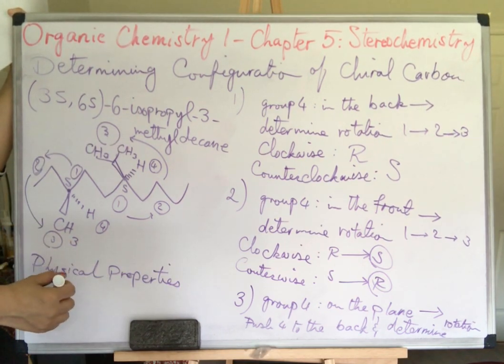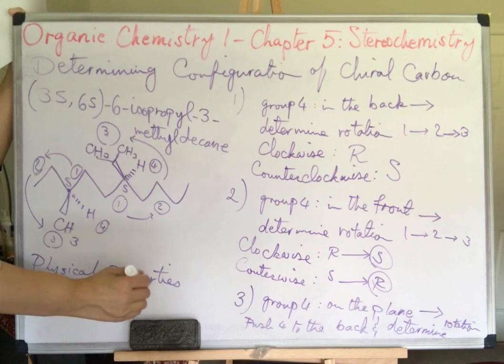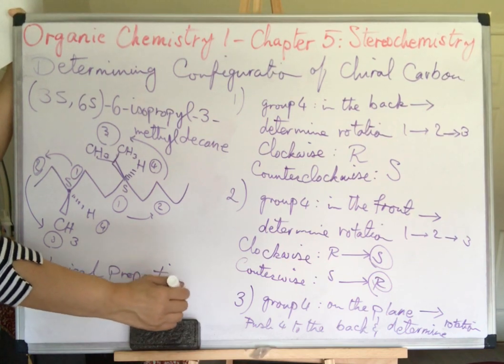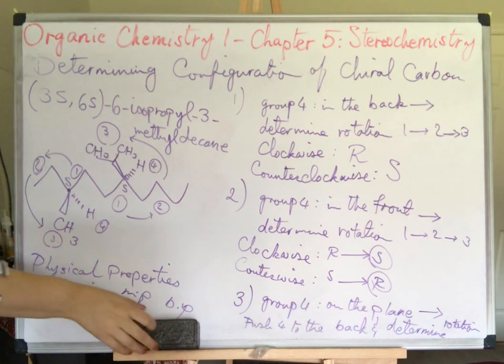What are the physical properties? Like density, melting point, and boiling point. They are the same for enantiomers, the compounds that are mirror images, just like our hands, but they're not superimposable. There is one difference between them that I will explain in a few minutes.